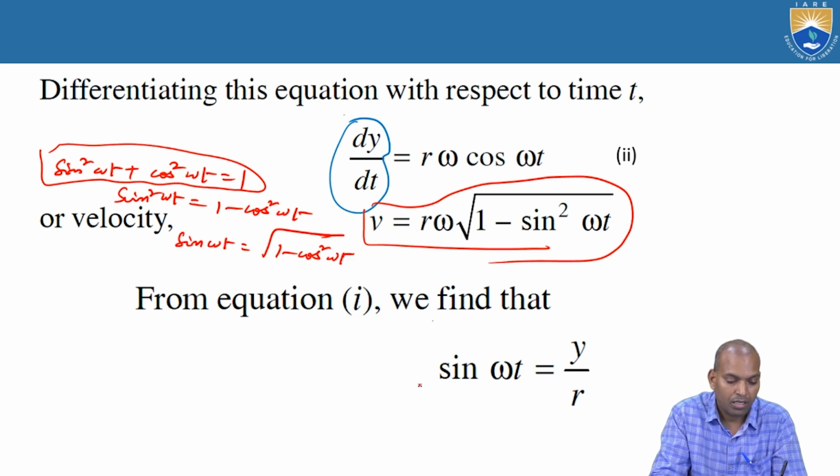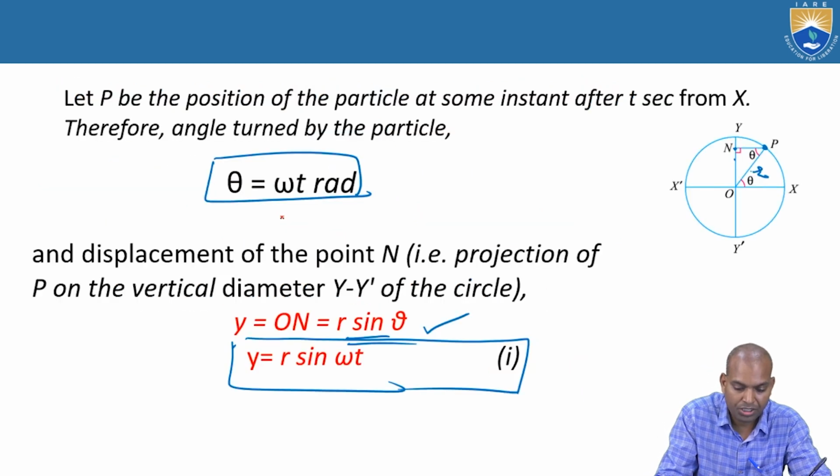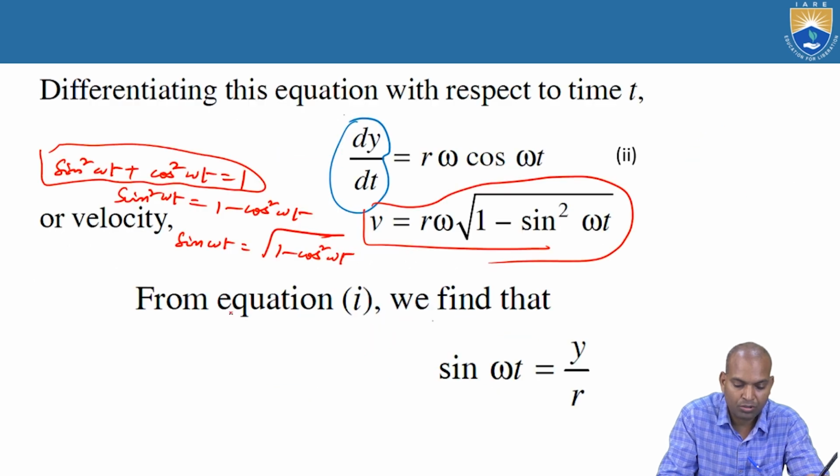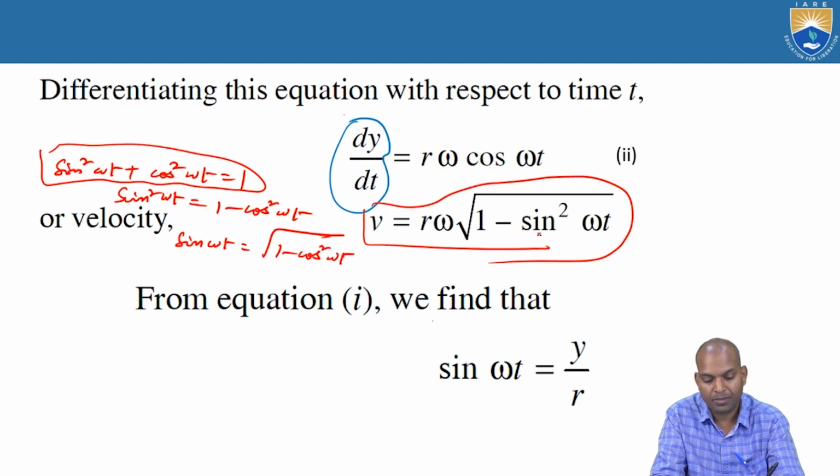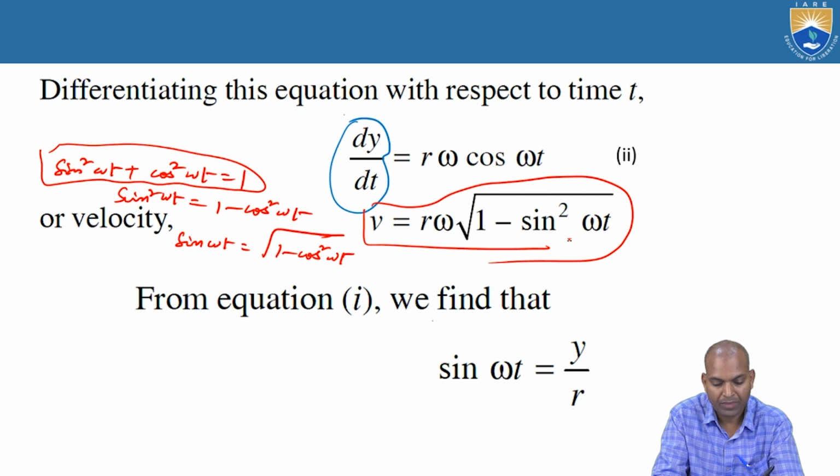amplitude. Now from equation 1, y equal to r times sin omega t, then sin omega t equal to y by r. Substitute here in the place of sin omega t, y by r, then it becomes y square by r square.